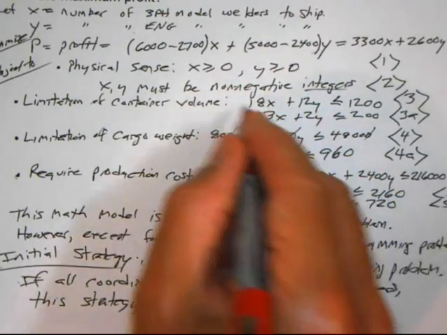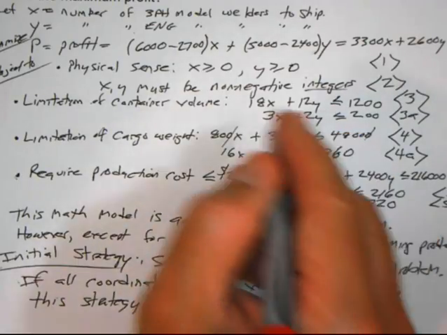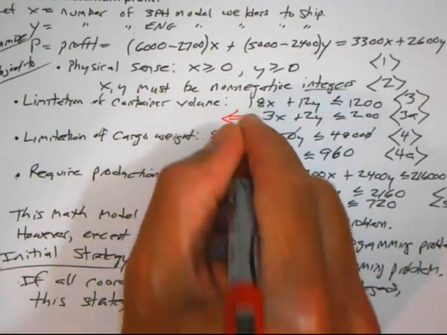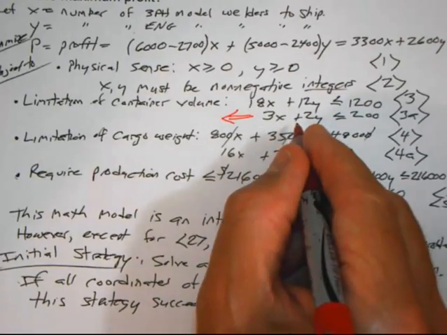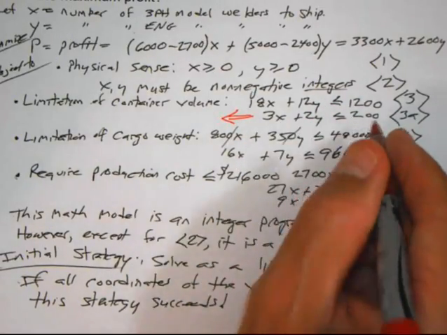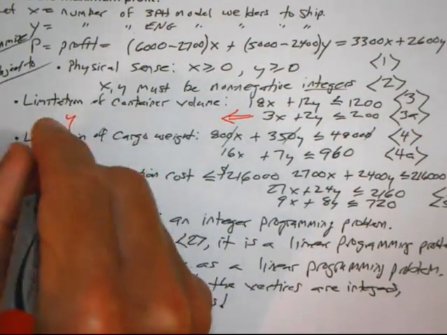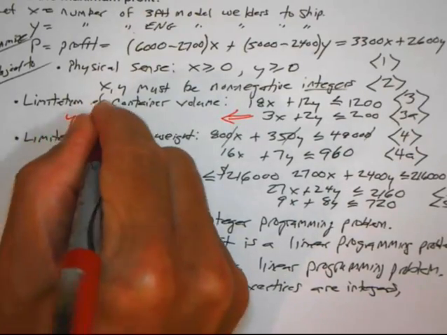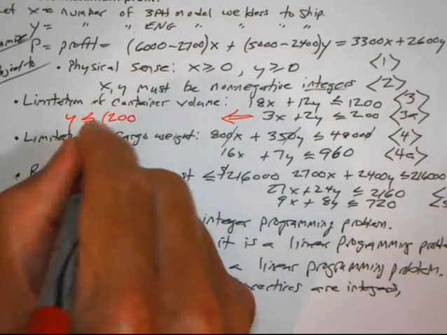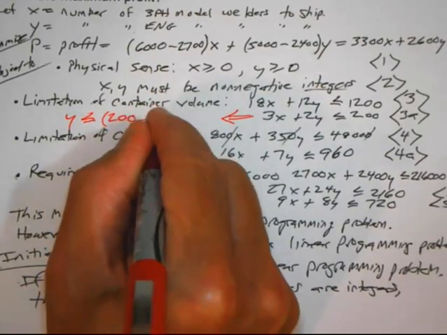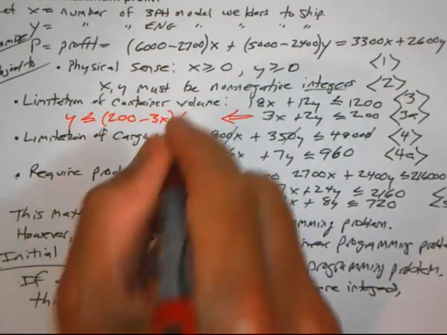We're ignoring the integer part for now. Here, okay, let's put this in red. Solving for y, we subtract 3x, divide both sides by 2. We've got this also expressible as y less than or equal to (200 minus 3x) divided by 2.